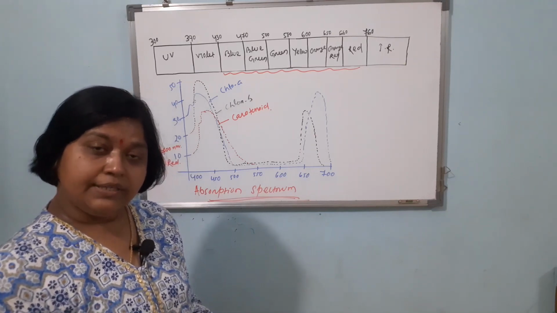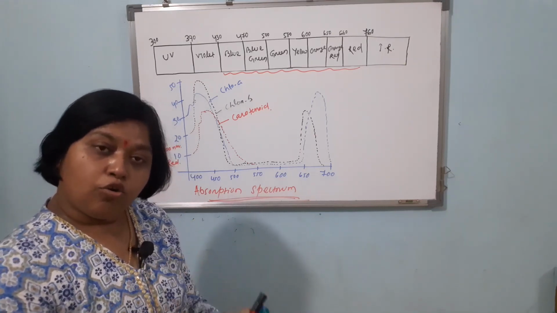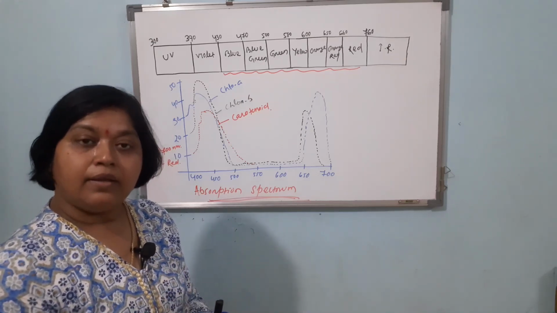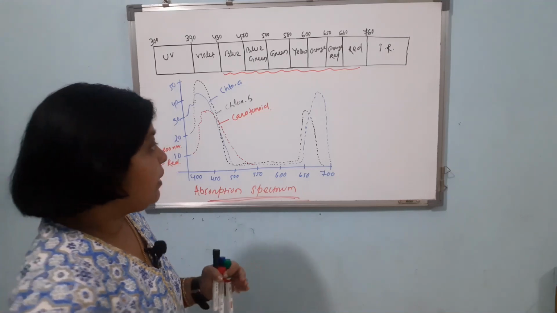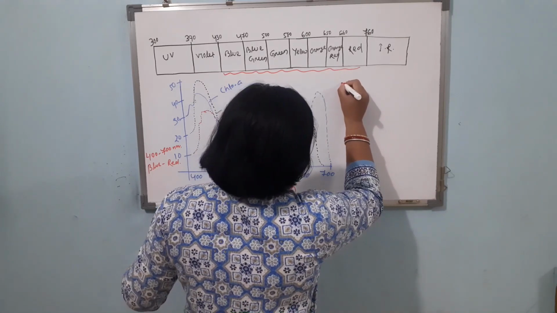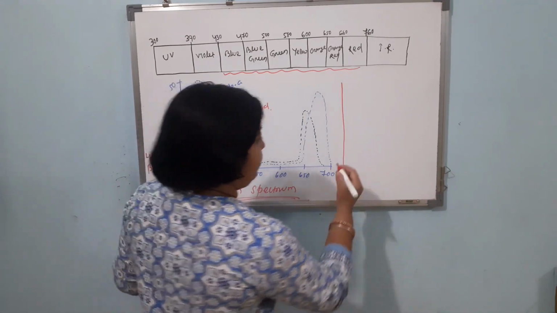Now we will discuss the action spectrum. Action spectrum means the wavelength of light or electromagnetic light absorbed by the plant's pigment and used for the photosynthesis process. That is, at which range photosynthesis occurs more.